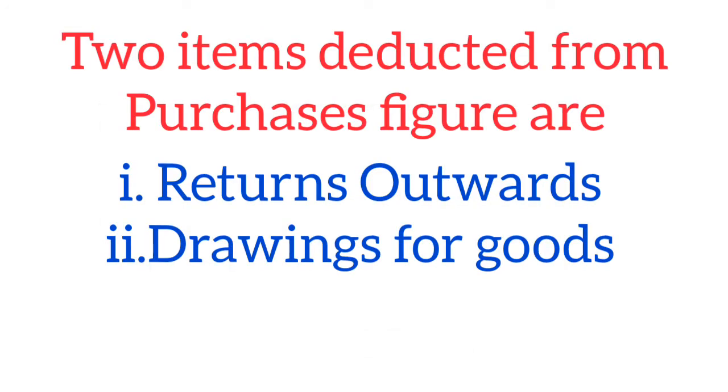Right. So after adding purchases on the opening stock, I want you to know that we have got two items that we less from the amount that we obtain after adding opening stock and purchases. The first item to be deducted are returns outwards, or what you call purchases returns. These are goods returned by the business to the supplier due to unsatisfactory. Right.